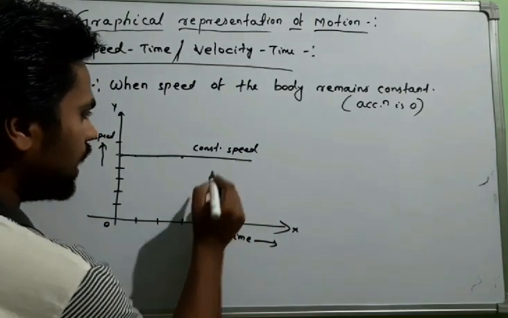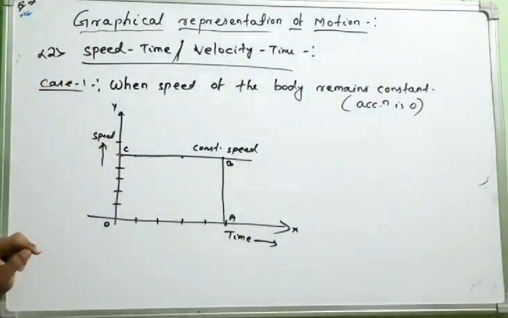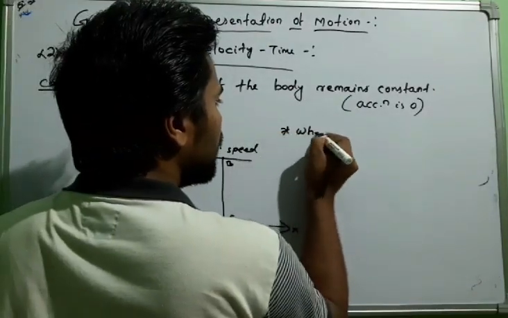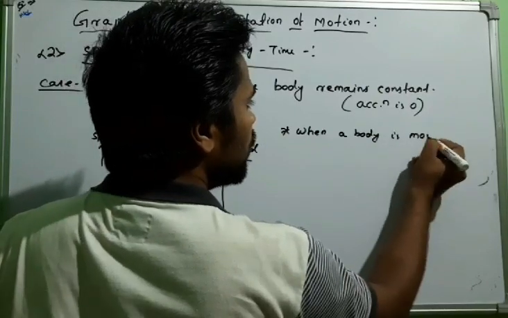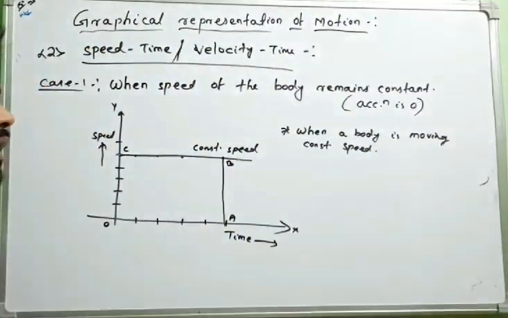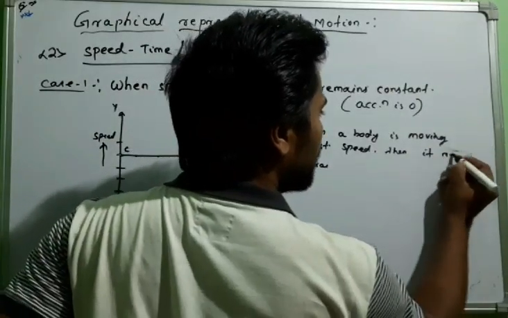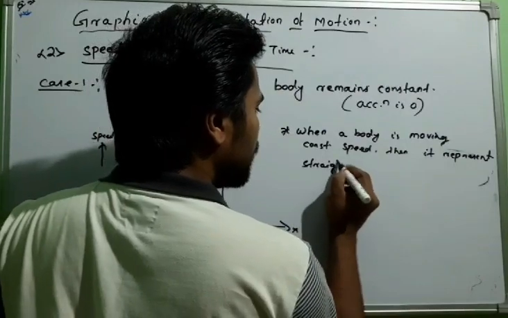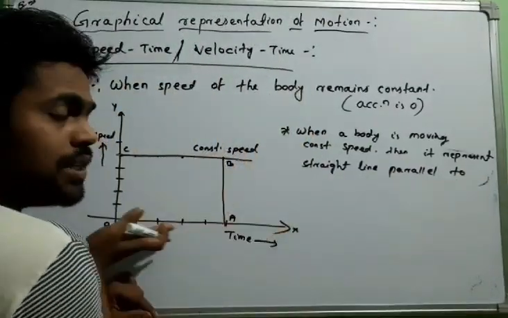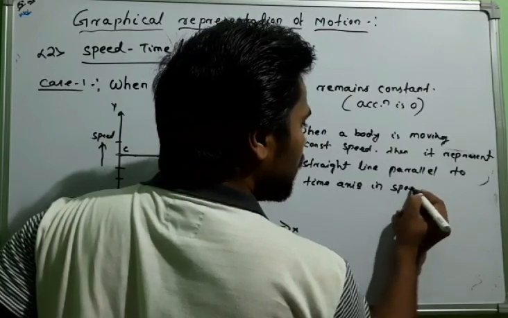Clear? If I take here, this is time axis O, this one is A, this one is B, this one is C. You have to write down: when a body is moving at constant speed, then it represents a straight line parallel to the time axis in the speed time graph.